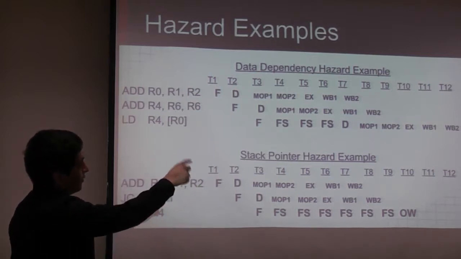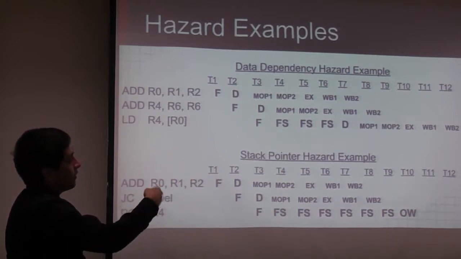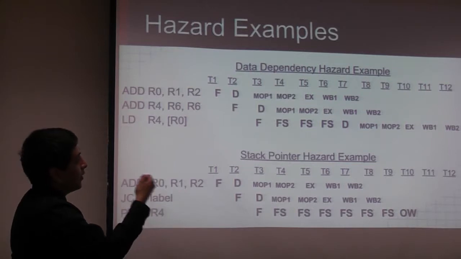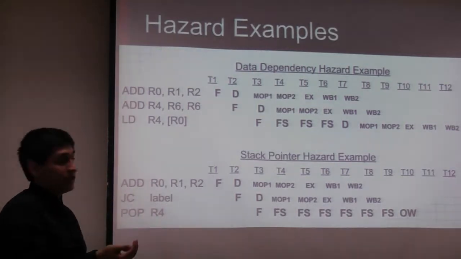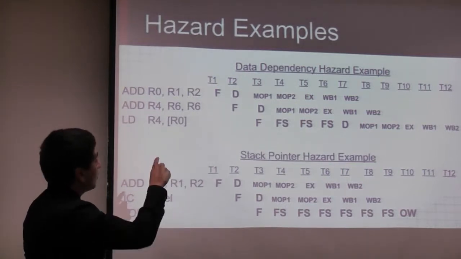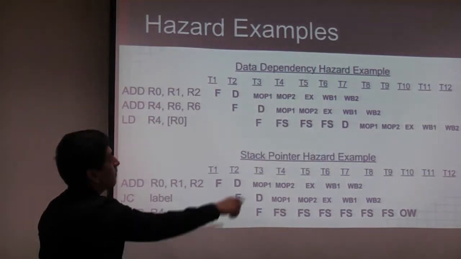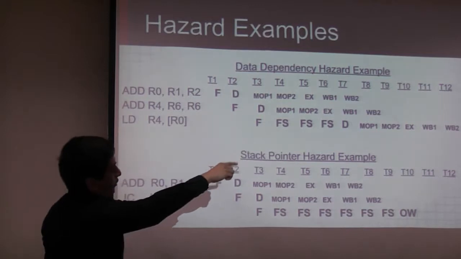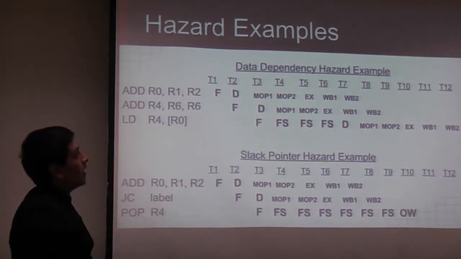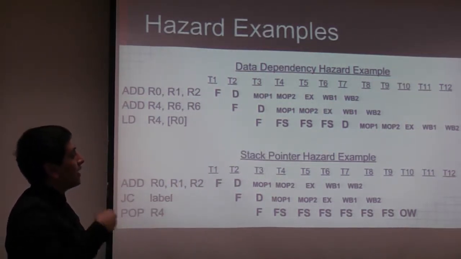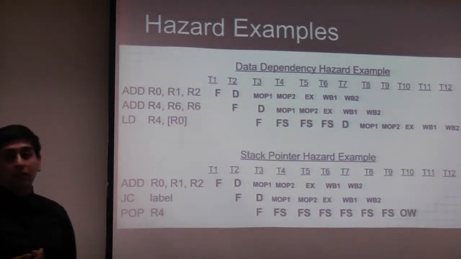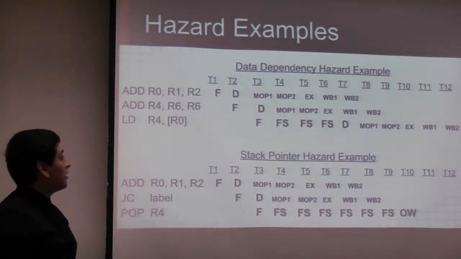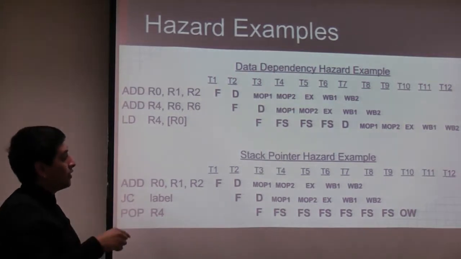The FS stands for fetch stall, and we keep fetch stalling until the register has been written to. R0 is written to by write back. So at T7, the data is available, and that's when the load instruction can actually read what's in the register.